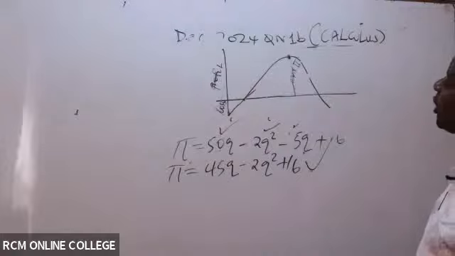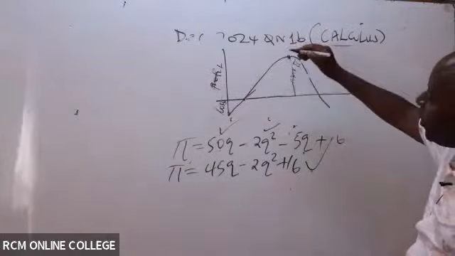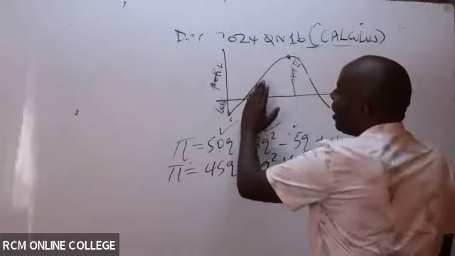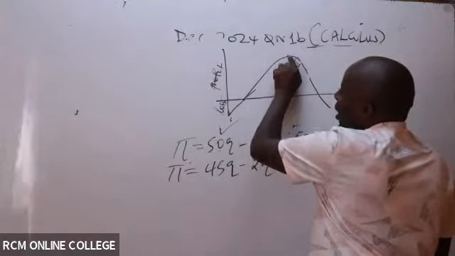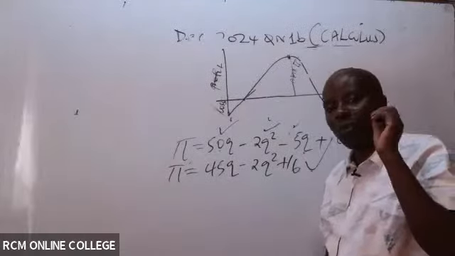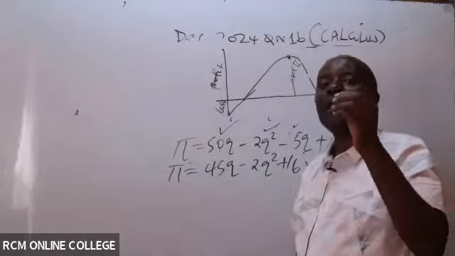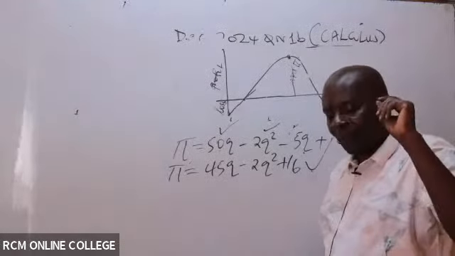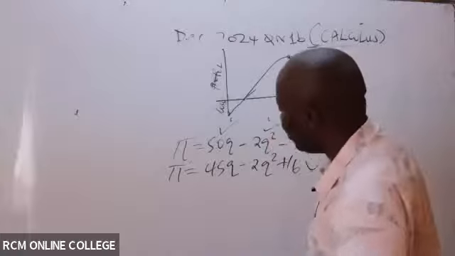One thing you're supposed to know is that at this maximum profit, the gradient is always 0. If you are climbing this mountain, when you reach here, you can even sit down. Gravity will not pull you this way because your gradient is 0. Gradient at the optimal point, at maximum profit or minimum cost, is always 0.